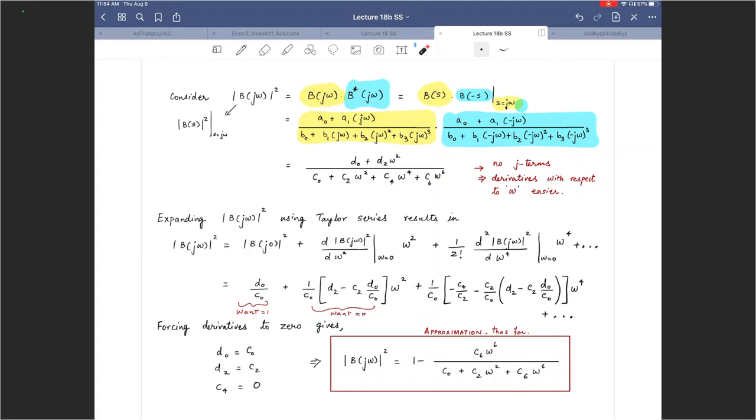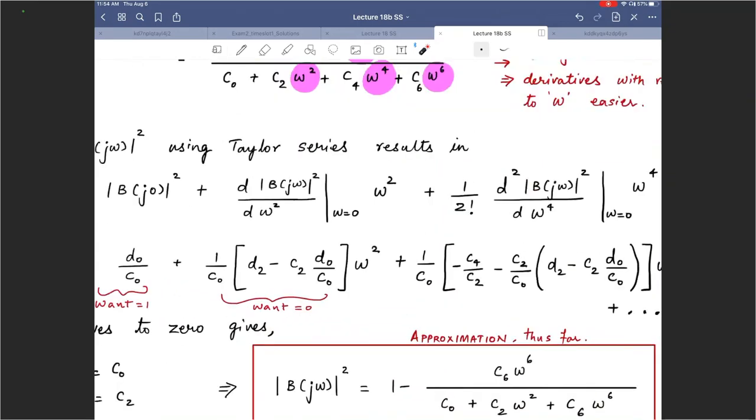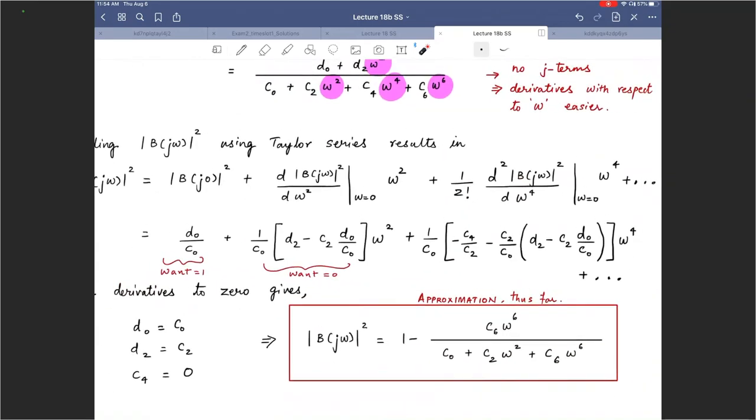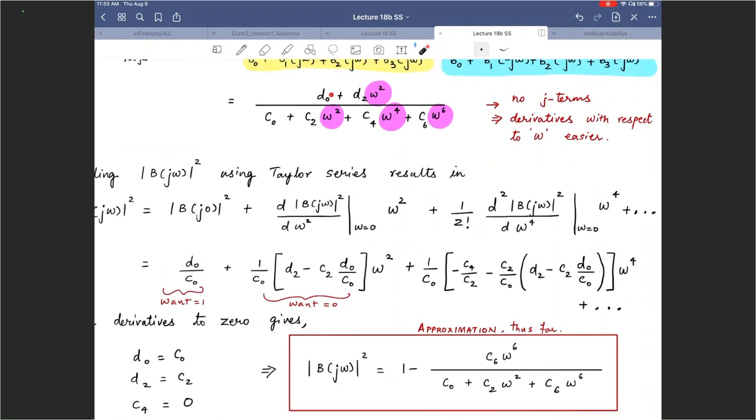But now because we have only terms such as ω squared, ω⁴, ω⁶, we are expanding in terms of even powers of ω, but we are still evaluating those functions at ω equals 0. So if you do this for that function, and if you can trust me for now, what you will have is a constant term d0 divided by c0. Those are from here.